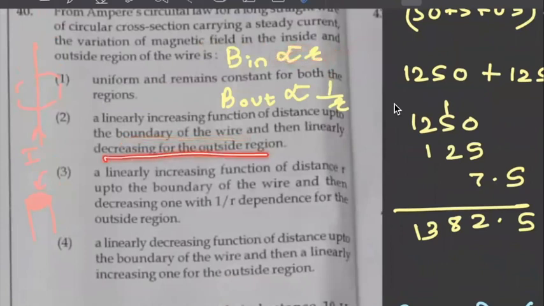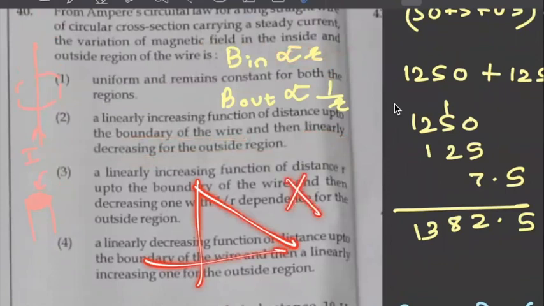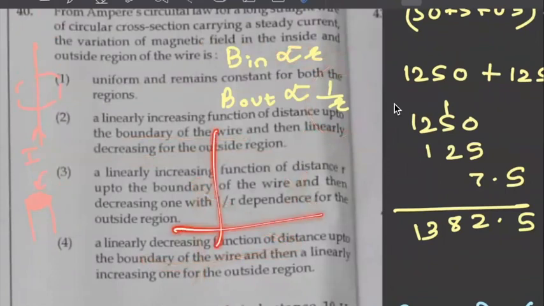And then linearly decreasing. It's not linearly decreasing. Linearly decreasing means the graph is like this. It's not like this, because the inverse graph is supposed to be like this. So I'll put this one on hold. A linearly increasing function of distance r, yes, and then decreasing one with 1 by r dependence for the outside, yes. This is the one. Third one is the answer. Linearly decreasing function, no. So I will go with number 3.